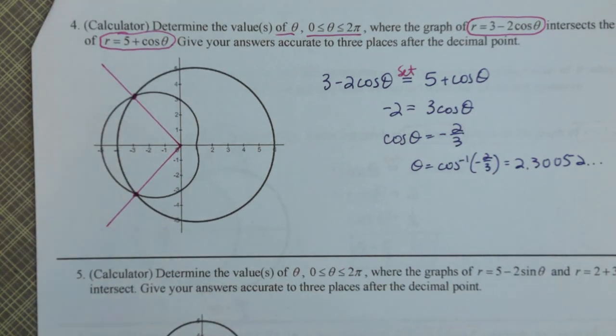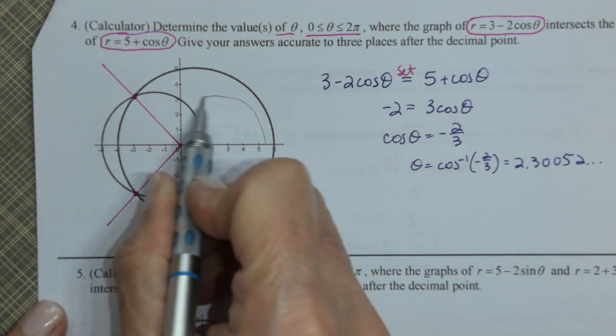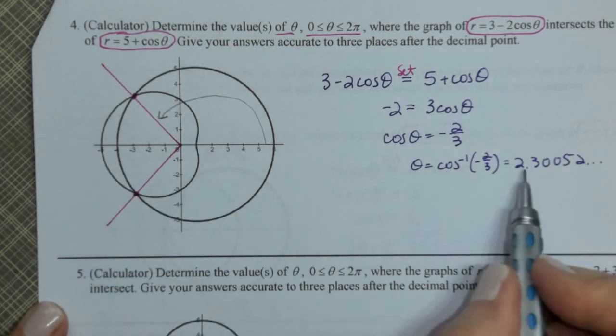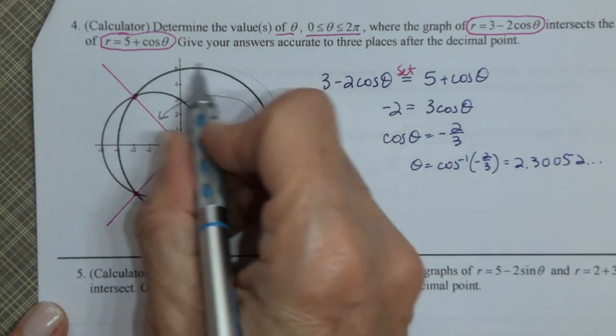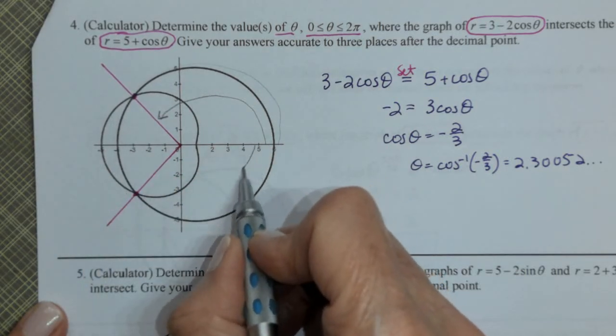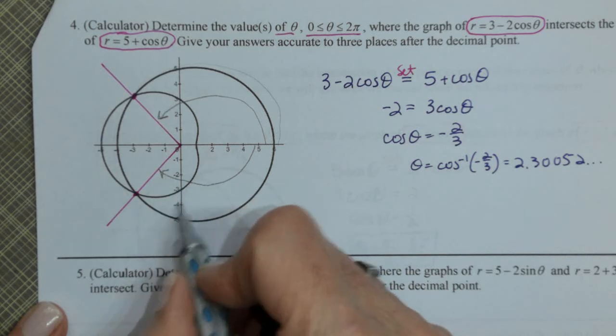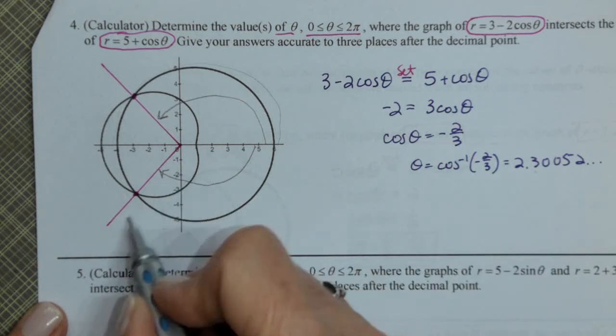So we need to find a way to figure out what that theta is. Well, here's one way to think of it. From here to here is 2.3-ish. So to get from here to here, that would be the same thing as starting at 2 pi and subtracting. See the symmetry? I can start at 2 pi and subtract that to get this angle here.